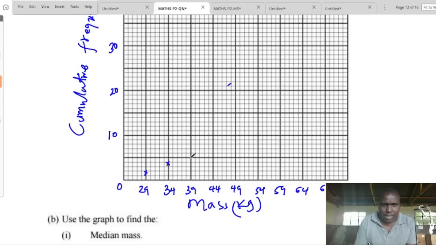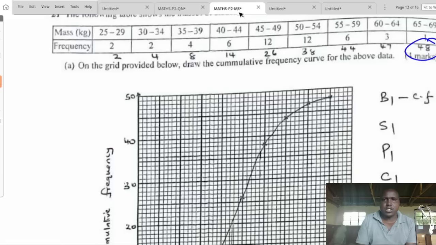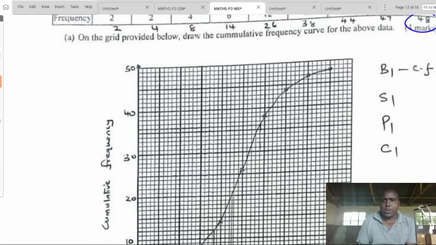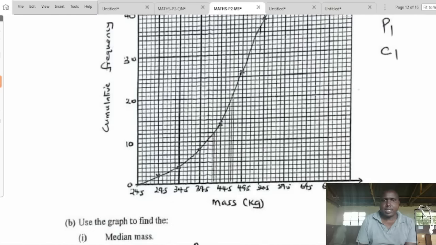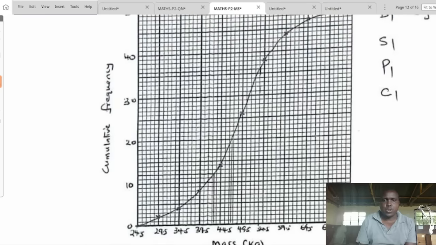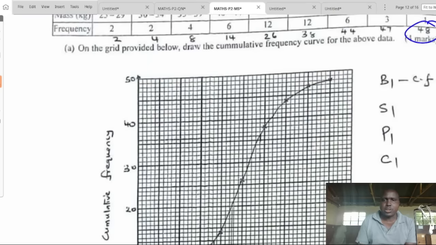You continue like that until 44, you draw the cumulative frequency, you finish, and you have your curve looking like this. So after that, now you draw a smooth curve like this.